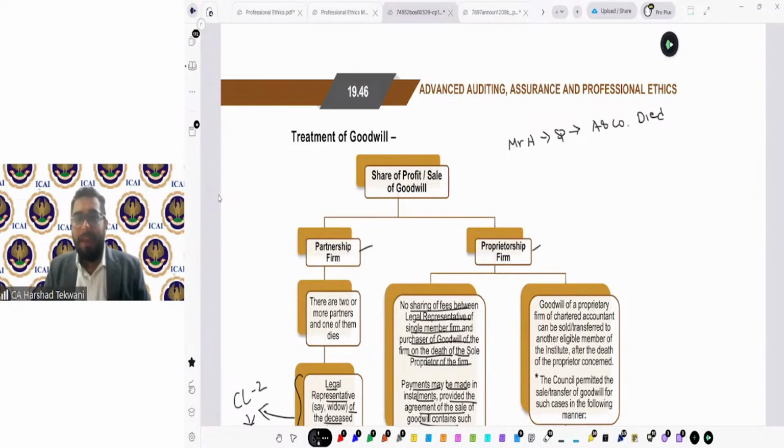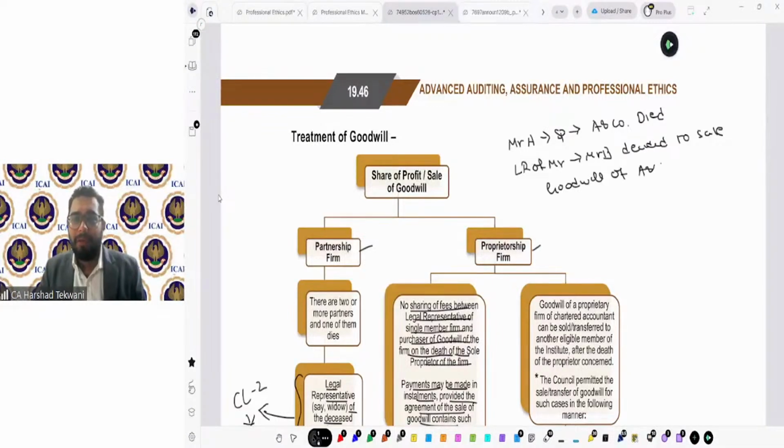Now, the legal representative of Mr. A, that is Mr. B, decided to sell the goodwill of A&P company to, let's say, DEF and company.